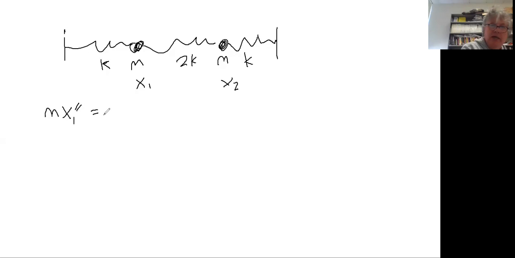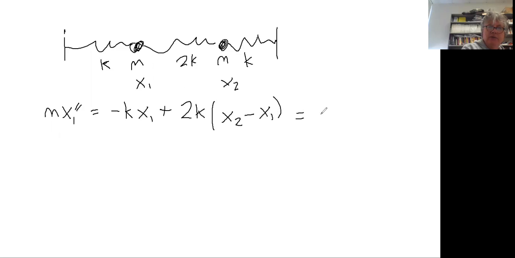Well, we've got from the first spring, it's just minus k x1. And then from the second spring, that's going to be plus 2k, because it's doubly strength. And what is the length of that spring going to be? That spring is going to be x2 minus x1.